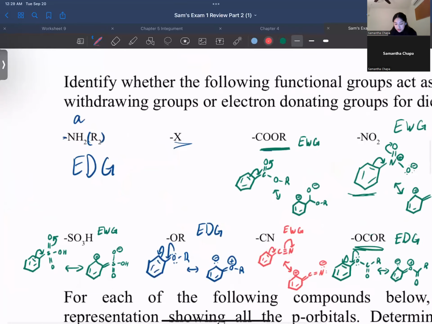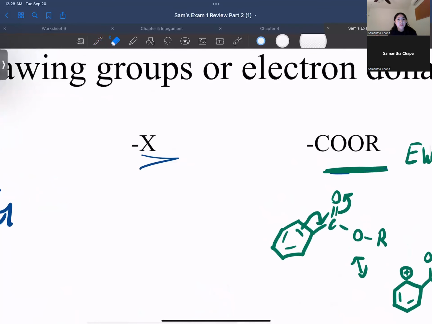For these next 2, this X is a representation of halogens, so like chlorine, bromine, iodine, and so on. If you think of the periodic table, the halogens are on the right side, and we know that the trend on the periodic table is you go towards the right and upwards. You get fluorine on the very top right. And so we know that fluorine is the most electronegative atom.